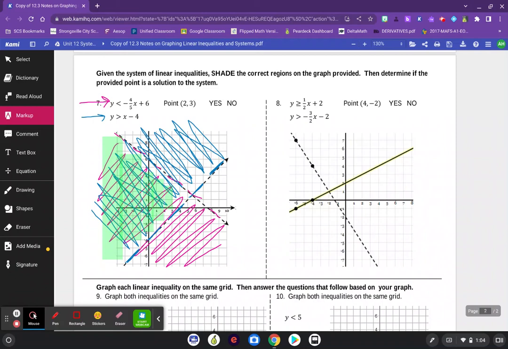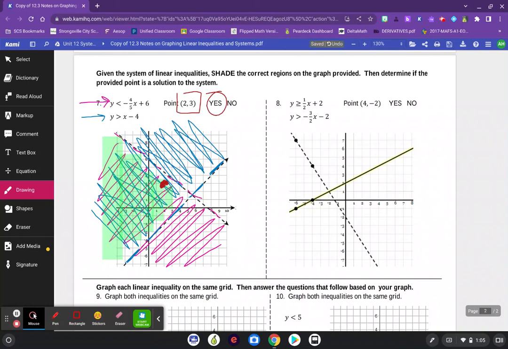Well, for a system, any point in the overlap region or the double shaded region would make that system true. And so we are asked to determine if the point 2, 3 is a solution. So if I plot the point 2, 3, the point 2, 3 is right in here. And the answer is yes, that is in the overlap area, that is in the double shaded region.